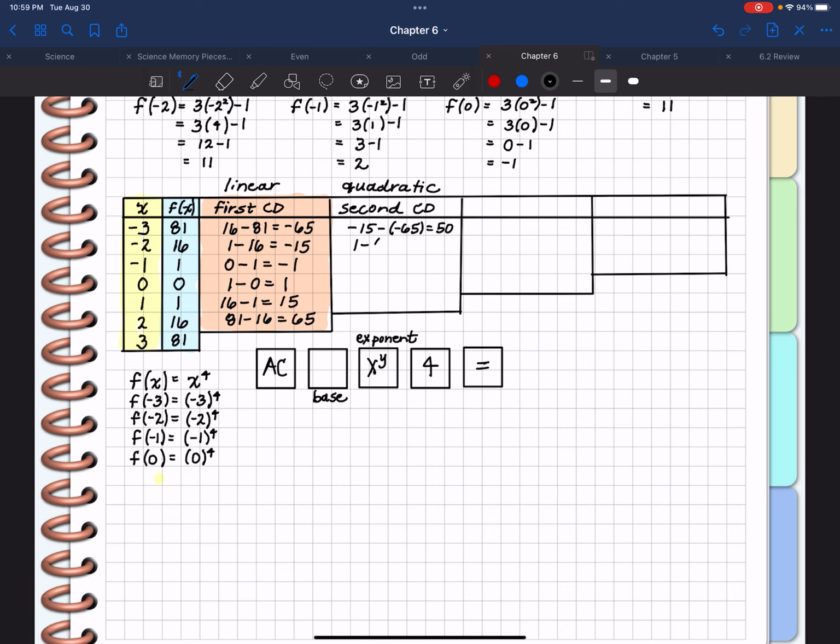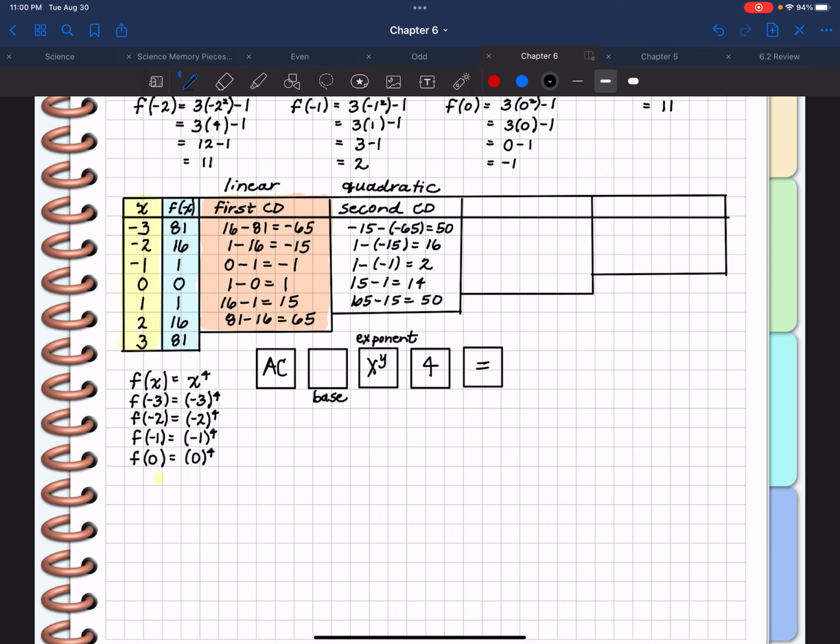And then 1 minus -15 is 16. 1 minus -1 is 2. 15 minus 1 is 14. And 65 minus 15 is 50. Now let me check that.